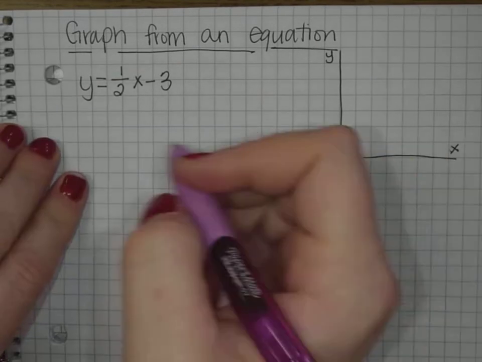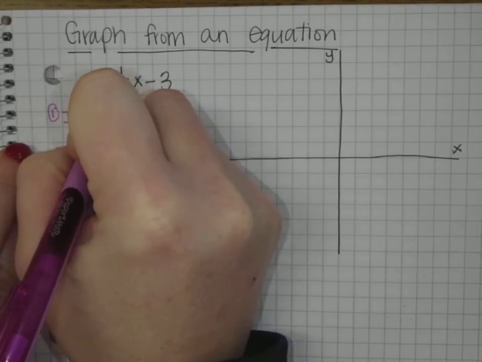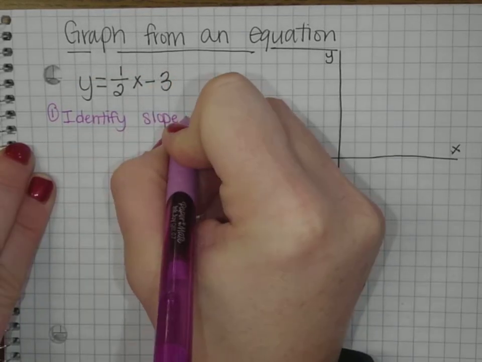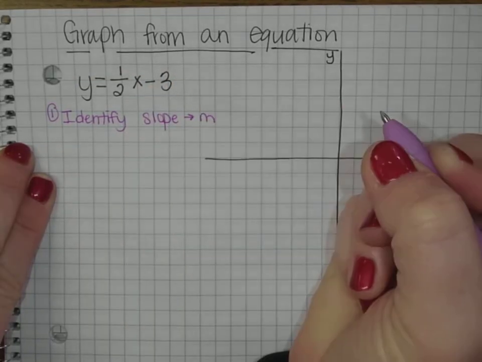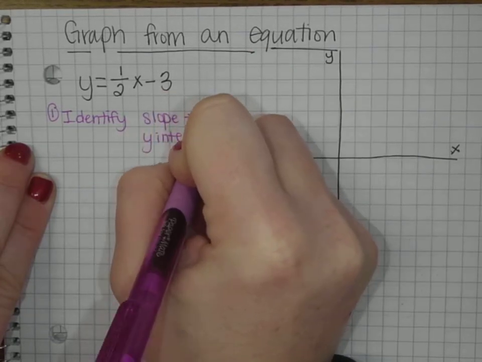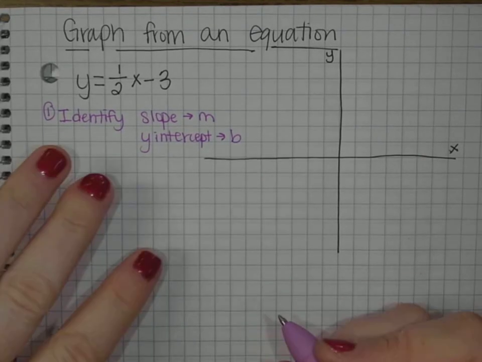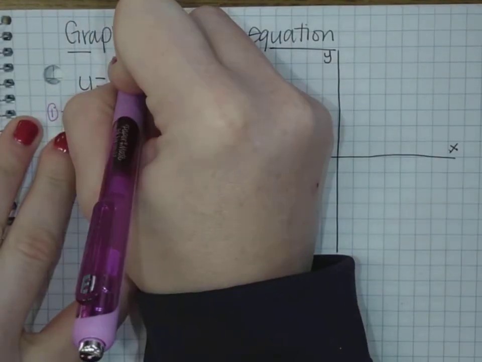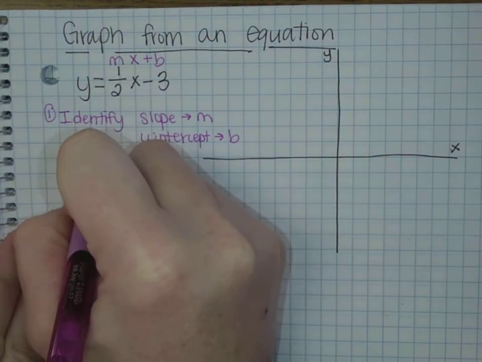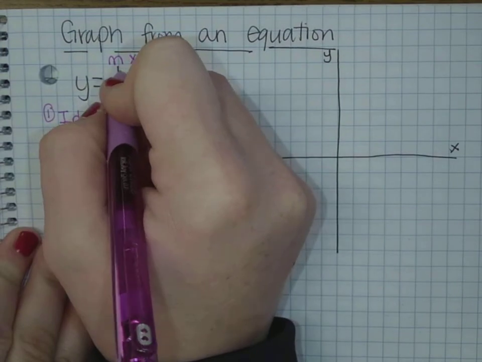So the first thing you want to do is identify the slope, or the m, and the y-intercept, which is the b. So remember, it's mx plus b. So my slope would be 1/2.